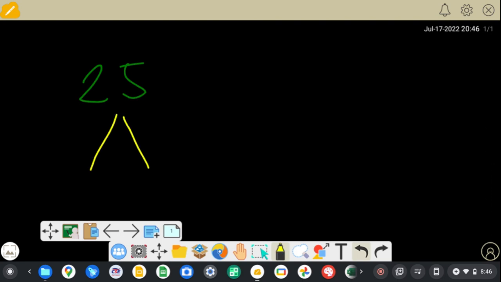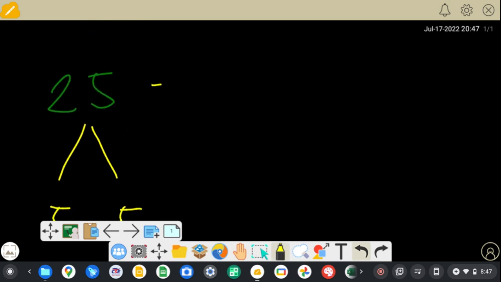We can express this number 25 as the product of 5 times 5. Okay, now look at this one. So the prime factorization of 25 is 5 times 5.